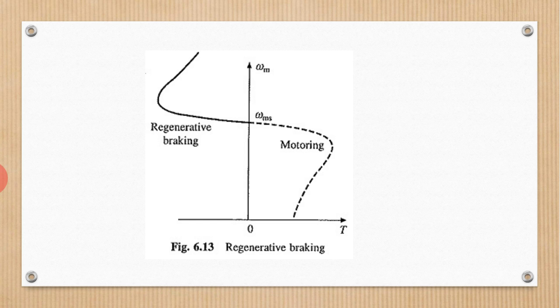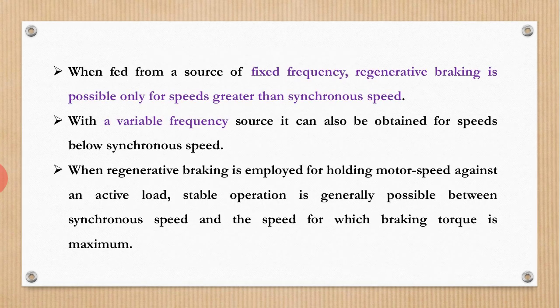With a variable frequency source, it can also be obtained for speeds below synchronous speed. Since ns equals 120 f by p, if you vary the frequency, you can vary the synchronous speed.